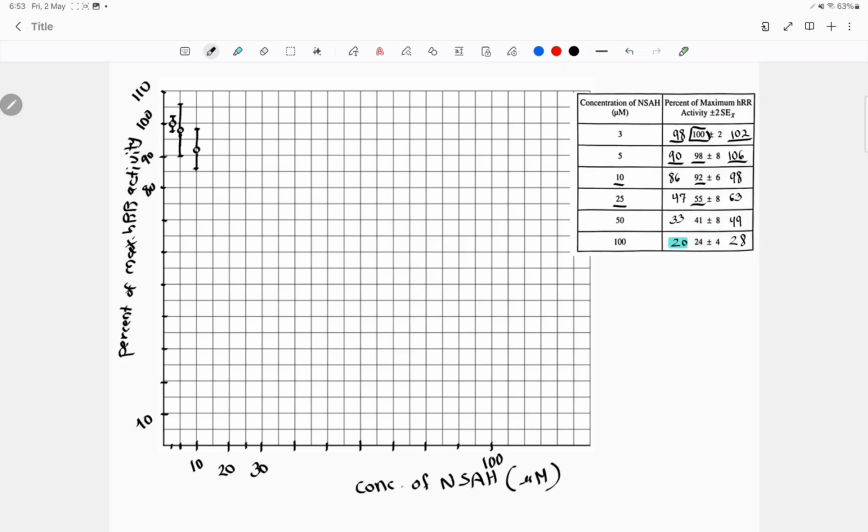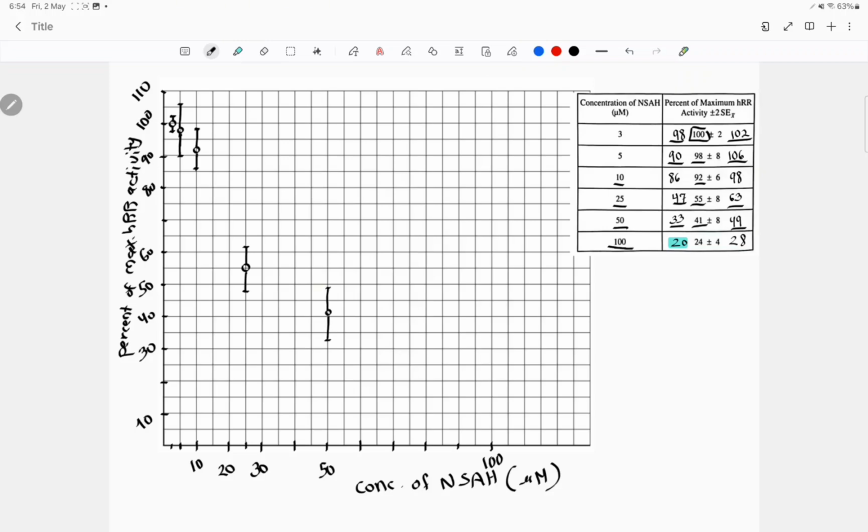So 25, and this is 60, 50, 25 with 55, ranging from 47 to 63. Then 50 with 41, ranging from 33 to 49.